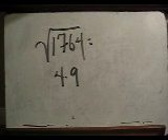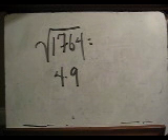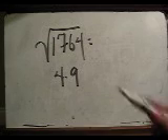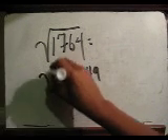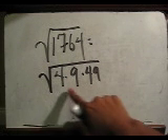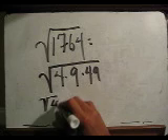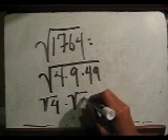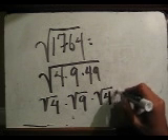Okay, that equals 4 times 9 times 49. So we can find the square root of that. Now remember, we can separate this, and this becomes the square root of 4 times the square root of 9 times the square root of 49.